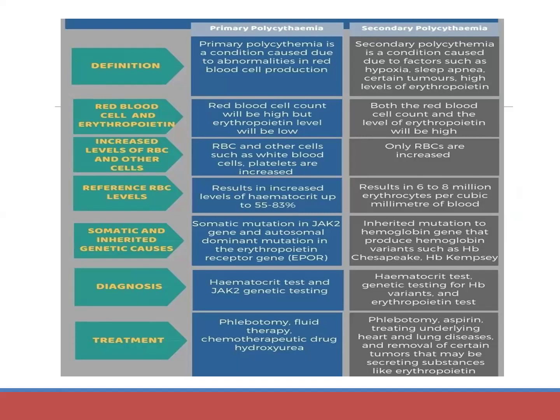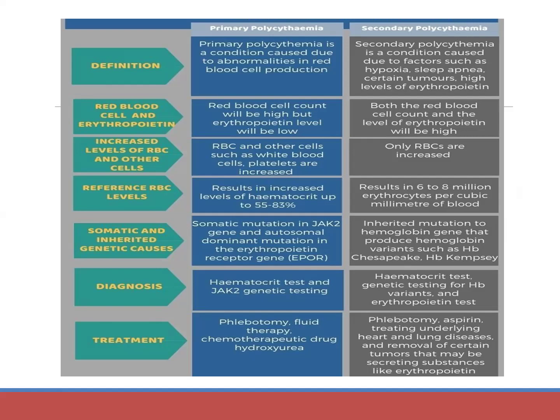Along with RBCs, other cells in the blood like white blood cells and platelets are also increased in primary polycythemia, while in secondary polycythemia, only red blood cells are increased. There are JAK2 mutations in primary polycythemia, whereas in cases of secondary polycythemia, inherited mutations to the hemoglobin gene producing hemoglobin variants may be seen.